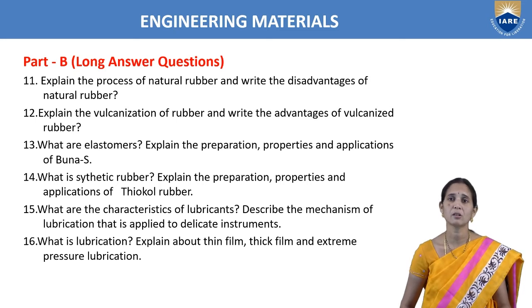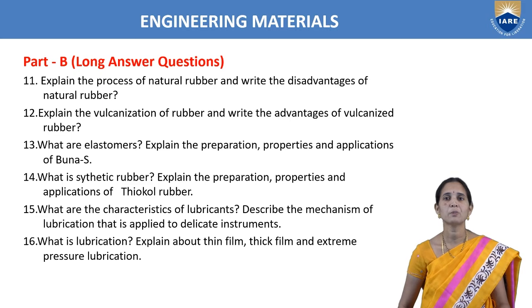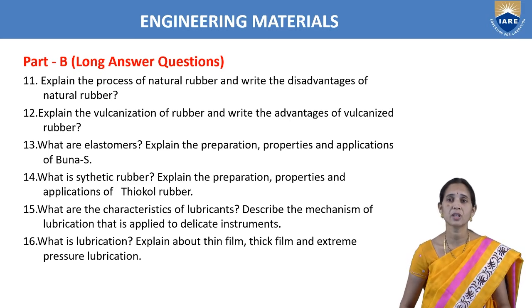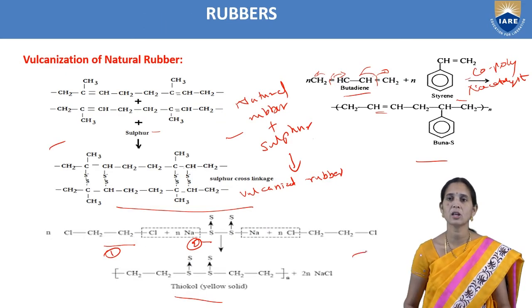Next, what is synthetic rubber? Synthetic rubber is known as man-made rubber; we use chemicals and prepare the rubber, and that is known as synthetic rubber. We have to write the preparation, properties and applications of thiocol rubber. So this is the preparation of thiocol rubber.